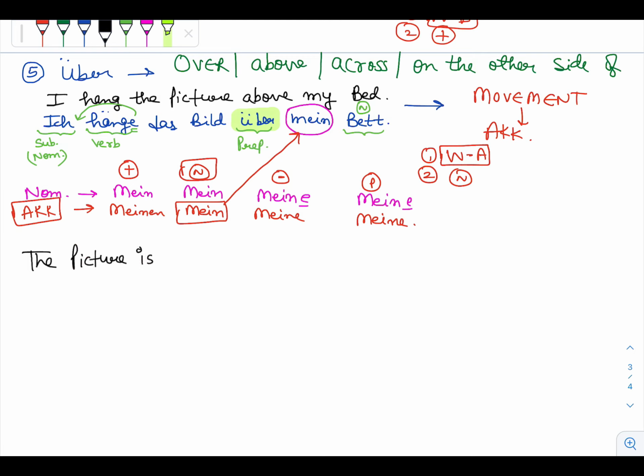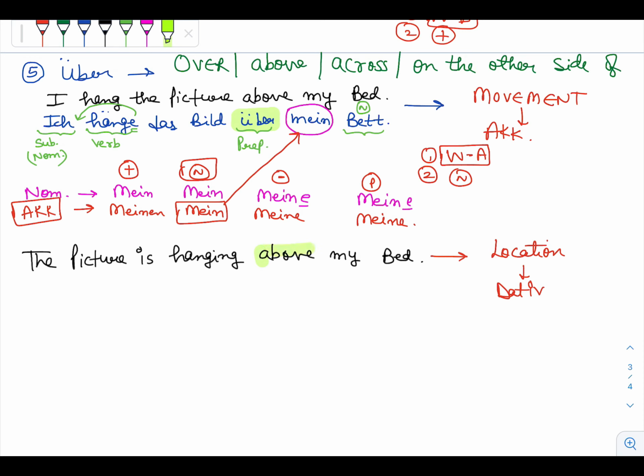The picture is hanging above my bed. So here I'm just telling about the location of the picture, which comes into dative.